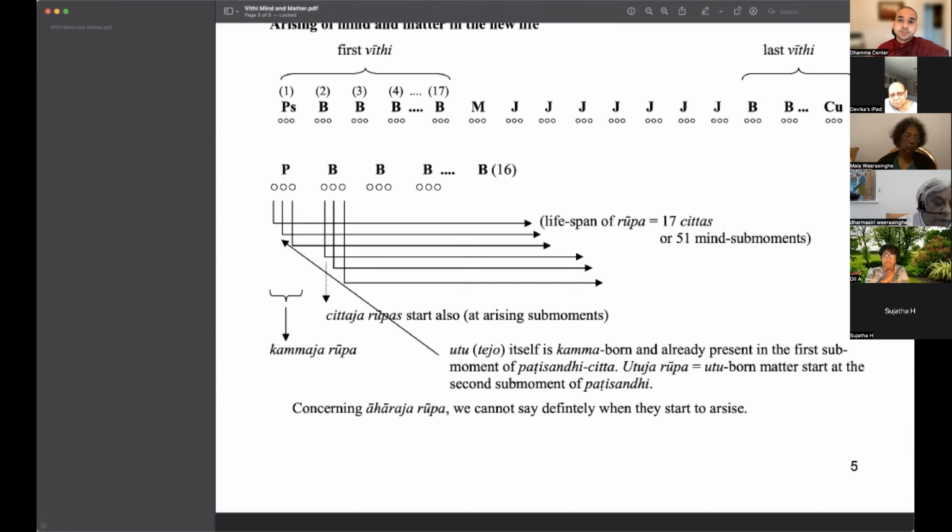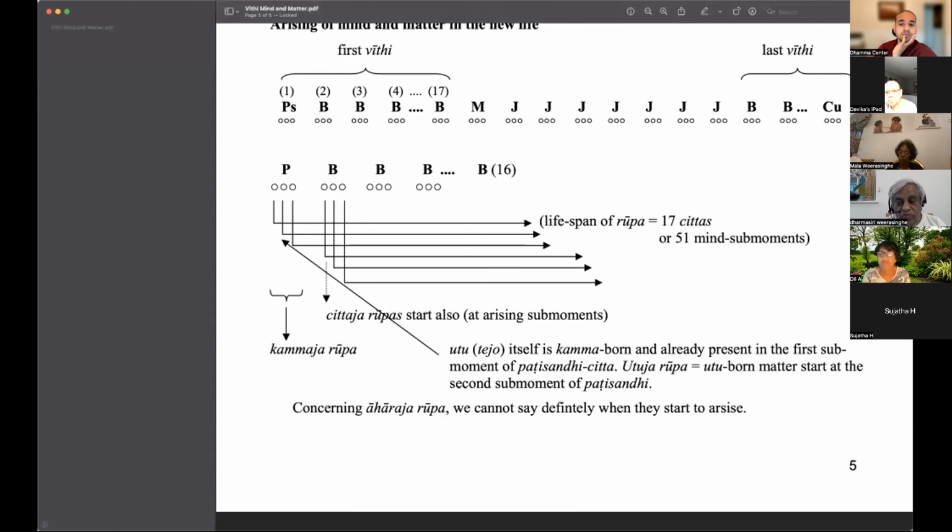Now, under consciousness-born chitta, under temperature-born chitta, and under nutrition-born chitta, you have mutability, undecayed. Mutability undecayed is exactly the same component in all these three.